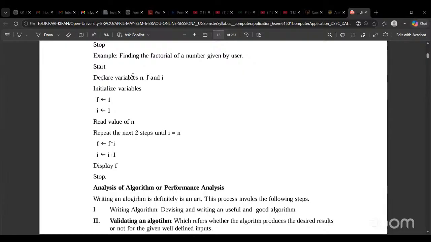The initial value can be any value. Then read value of n.